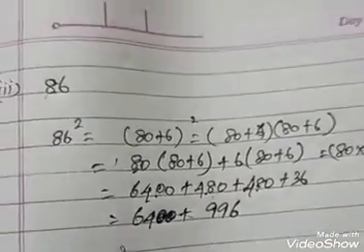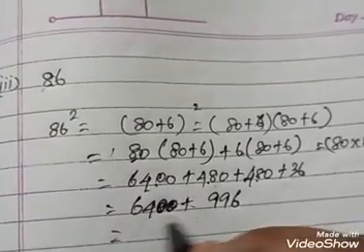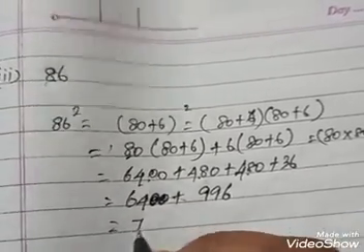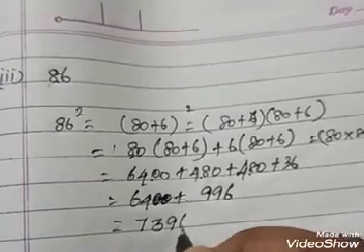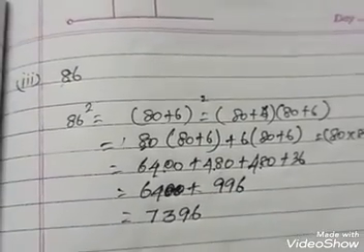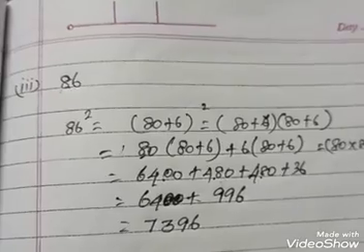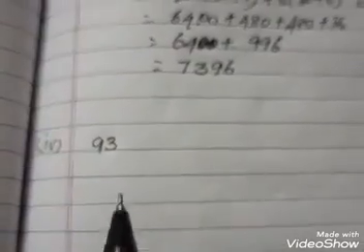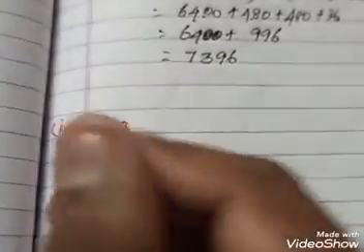Now you add these two, you get 7396. 7396. Now we go with the fourth sum, 93.